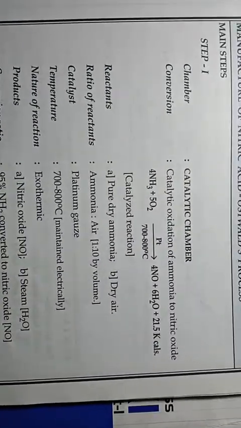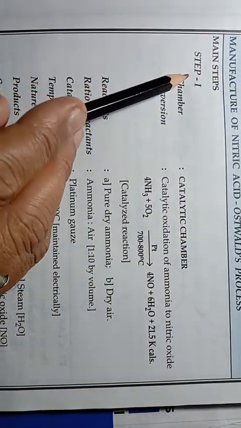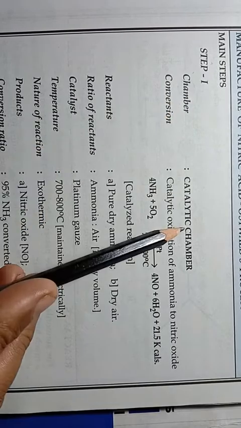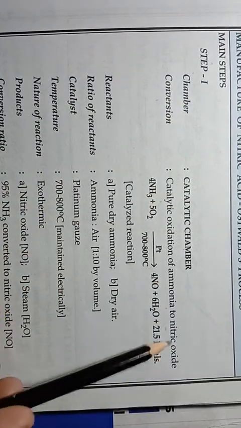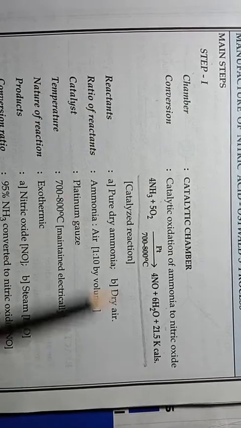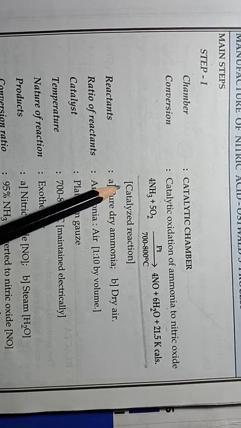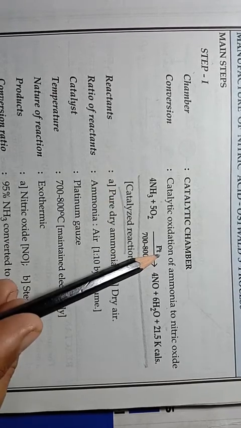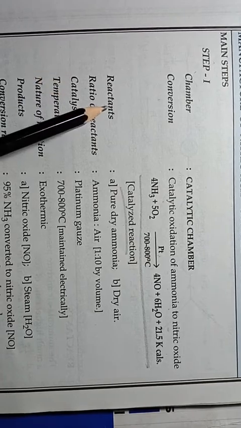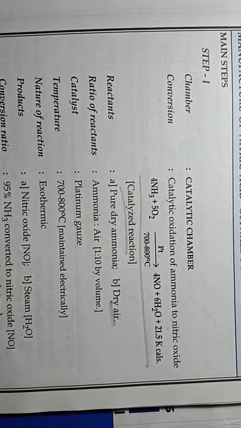Now the details of this process. Main steps. First step, catalytic chamber, conversion: catalytic oxidation of ammonia to nitric oxide. The reaction is given here, and this is a catalyzed reaction because it takes place in the presence of catalyst platinum gauze. Reactants: pure dry ammonia and dry air.